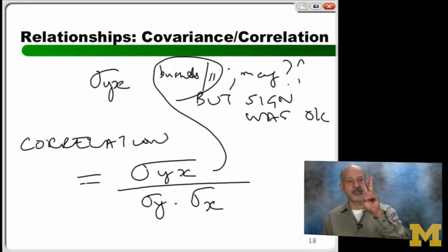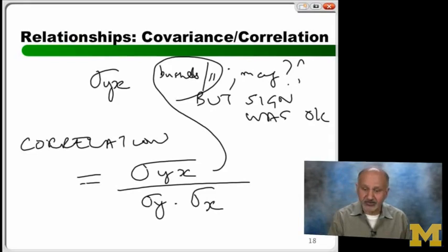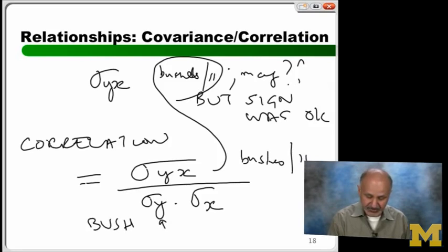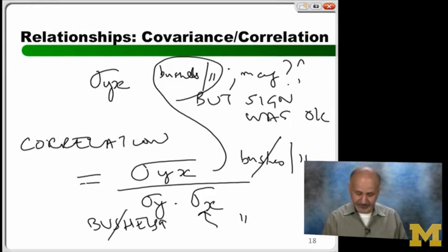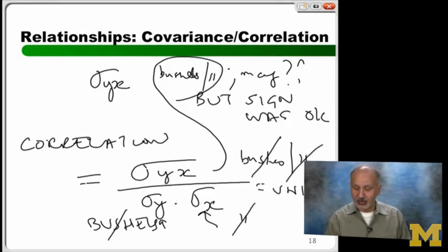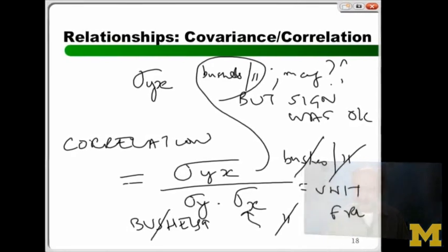This does two things for us. What is the units of this? Remember, this is bushels, inches. What is the unit of this? Bushels. What is the unit of this? Inches. So what happens? This becomes unit free.